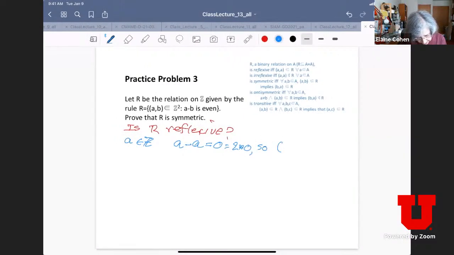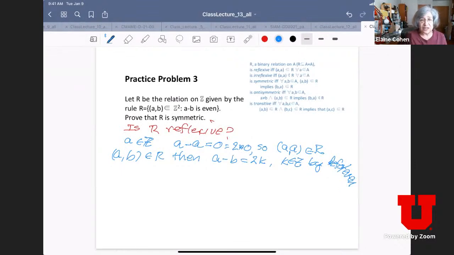So (A, A) is in R. If, let's see, if (A, B) is in the relation, then A minus B is equal to 2K for some K in Z by the definition of even. Right? That's the definition of the relation.